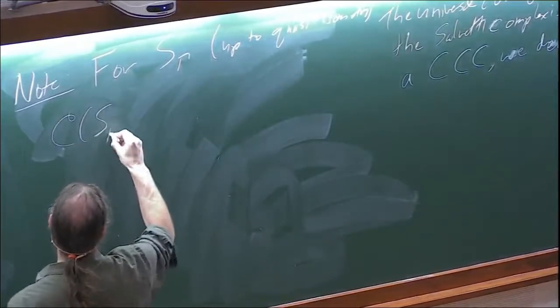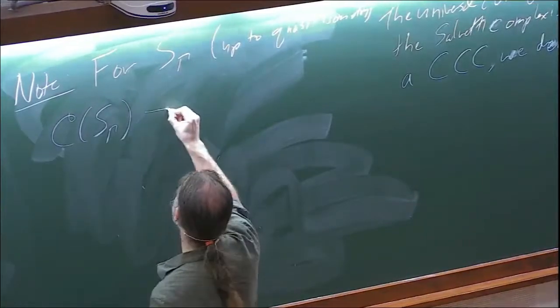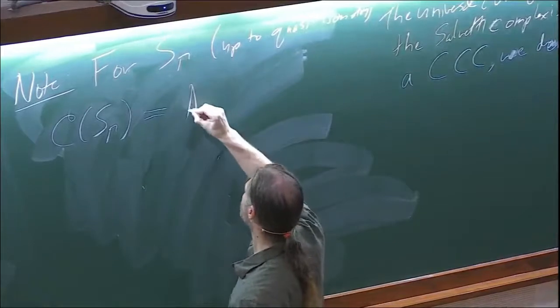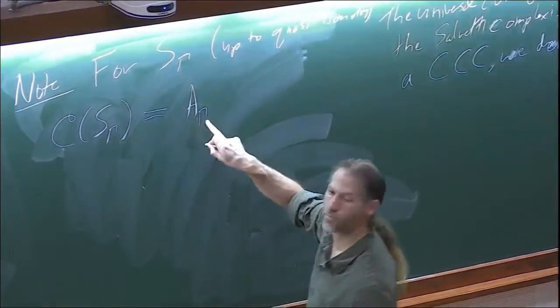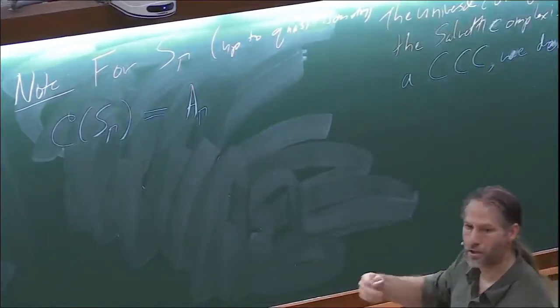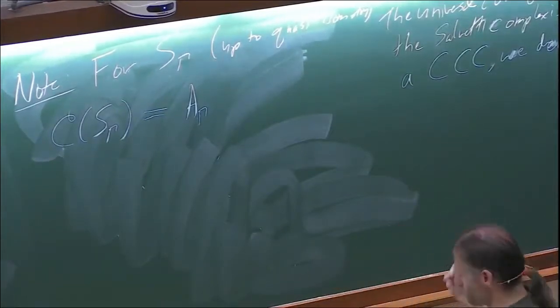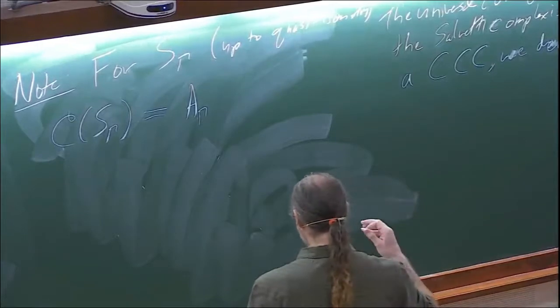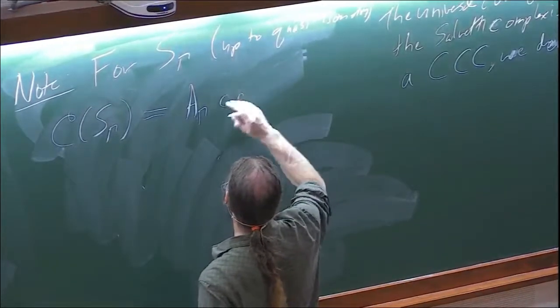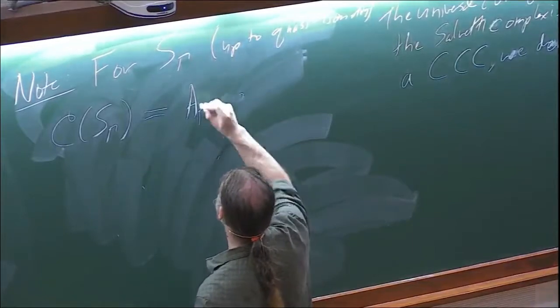The contact graph of S sub gamma is equal to the Cayley graph of your right-angled Artin group, with certain things coned off.